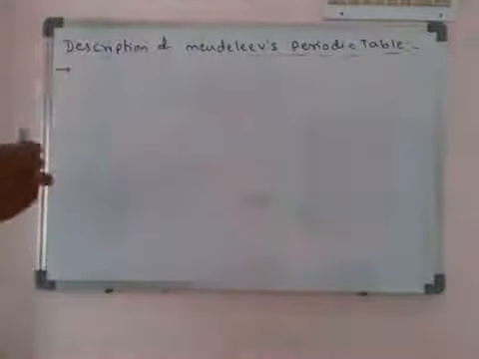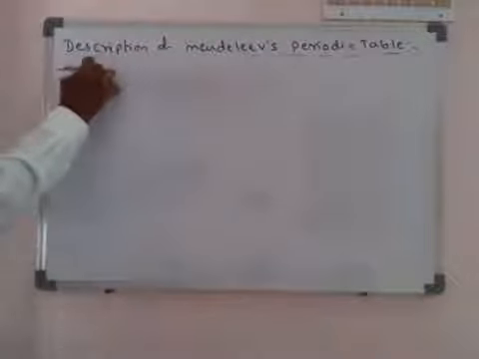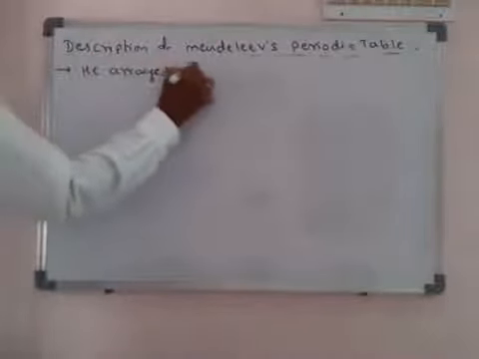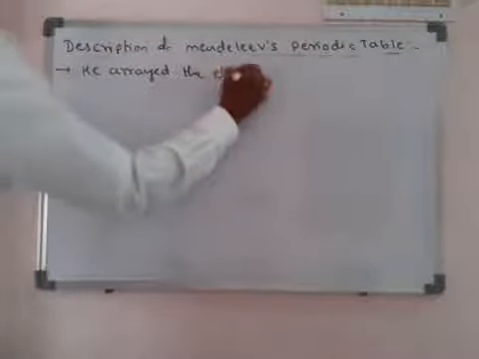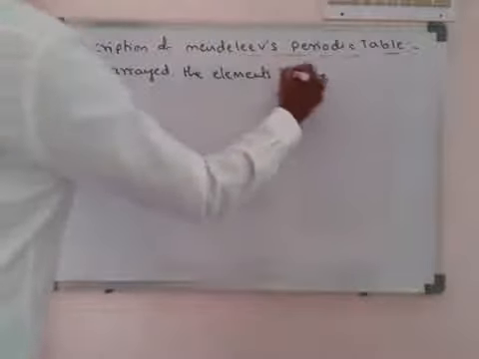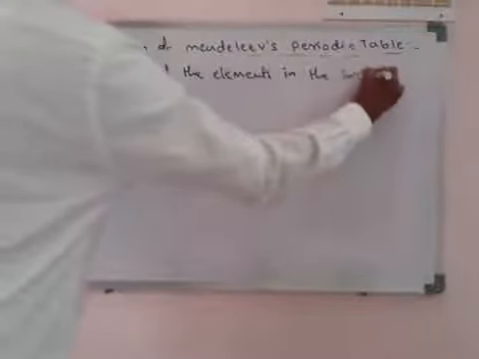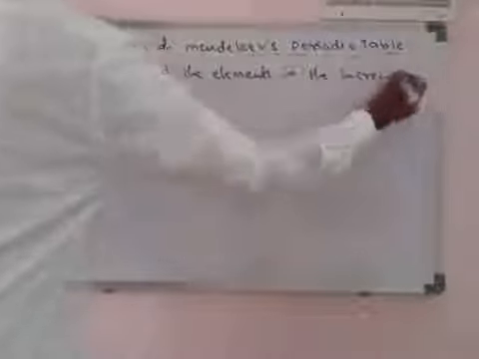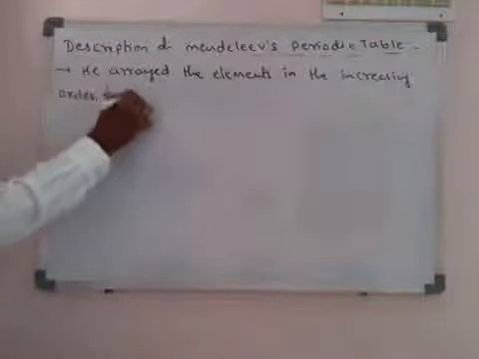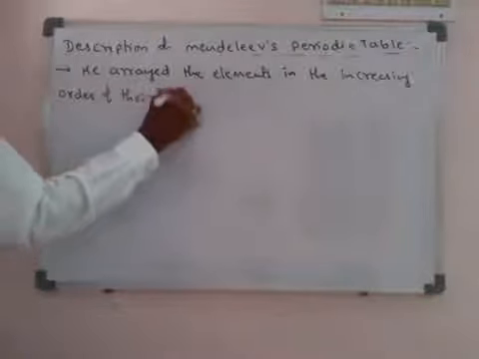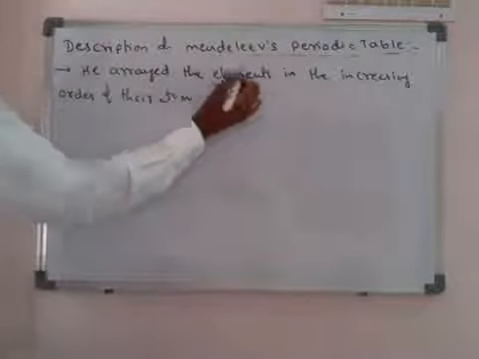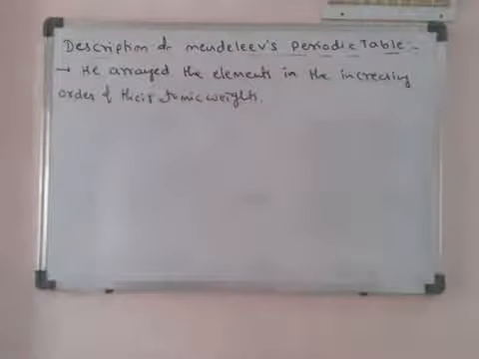So description of the table we can say he arranged elements in the increasing order of their atomic weights.